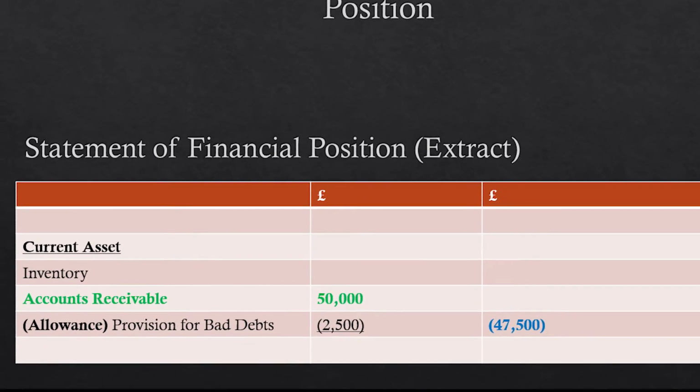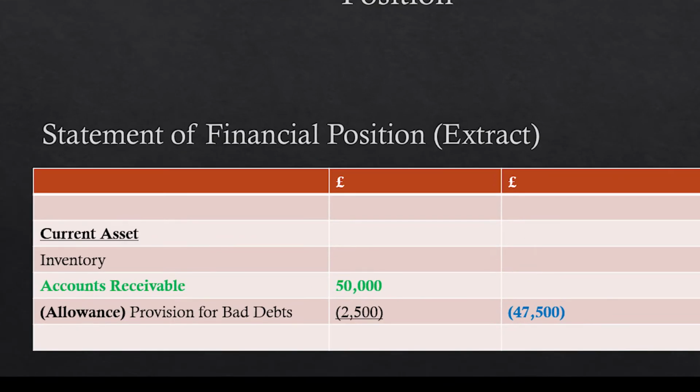Okay. We can also, as we mentioned earlier, have a situation where there's a reduction in provision. That reduction in provision we need to consider as income. So the reduction in provision here is income in terms of the 800. We initially had provided 2,500, which is the running balance from the previous period. But in this situation, we realize that 2% of the current accounts receivable is 800.